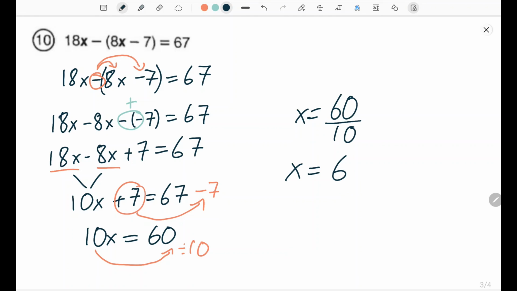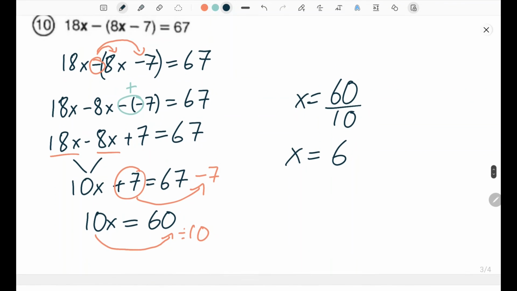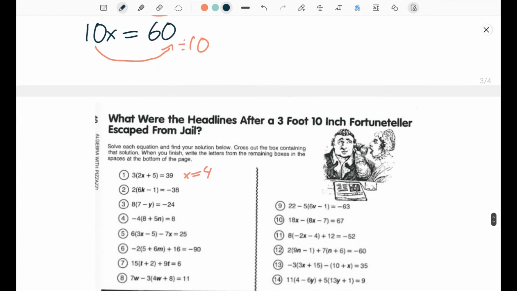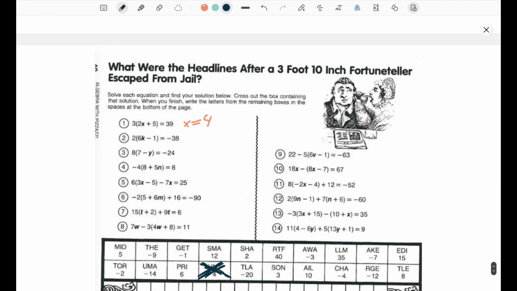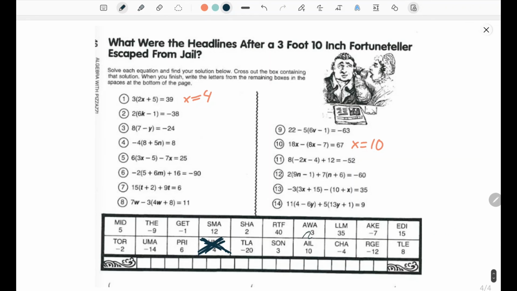All right, and again, go to your handy dandy sheet. To the bottom of it, we can say, well, first of all, x is equal to 6 here, and find the number 6. If you look around, this one is number 6, cross it out, and essentially what you're doing is you're crossing out as many of those as you can as you solve these questions, and you'll be left with some boxes.